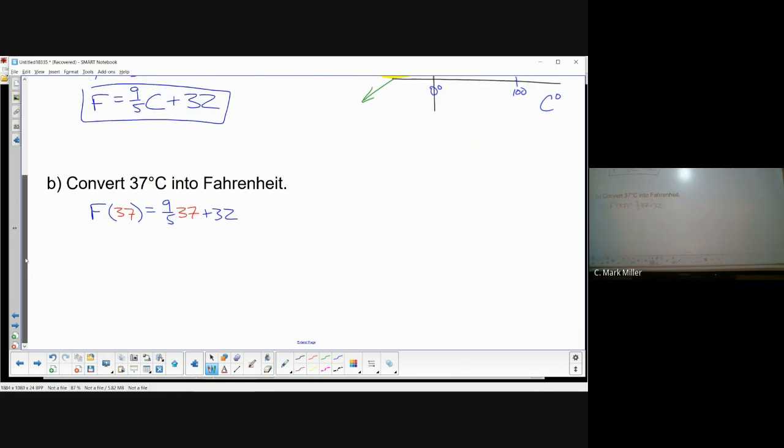So 9 times 37. Who's got their 37 tables up? So 37 times 10 is 370. 370 minus 37 is 333. So this is 333 over 5 plus 32. 32 is 160 over 5.